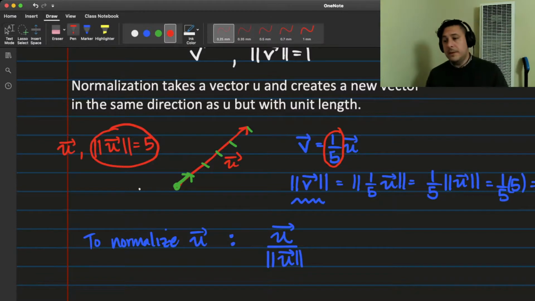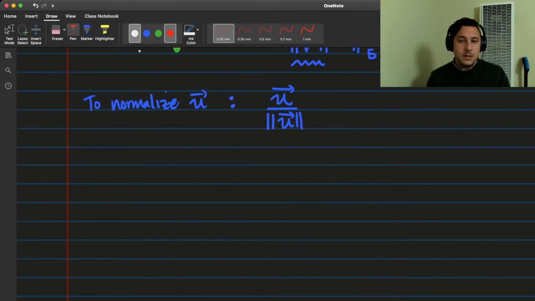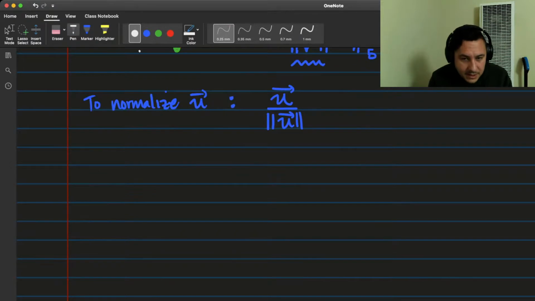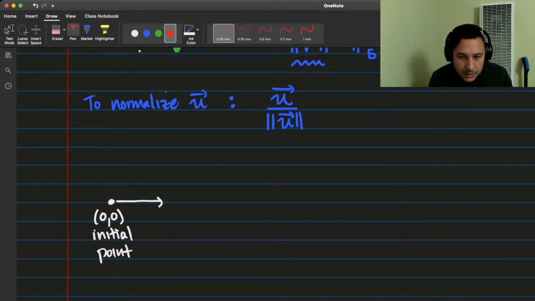Now you might be wondering, why are we curious about these unit vectors? It's because they're actually related to components. So I'm going to talk about two vectors. They're both going to start at 0, 0 at the origin. So that will be my initial point. One of my vectors will have a terminal point at 1, 0.